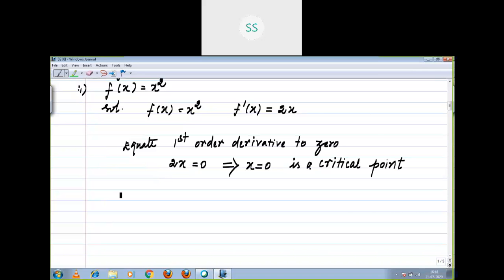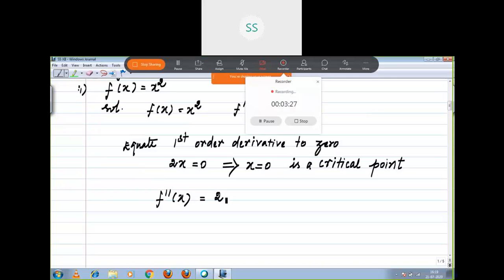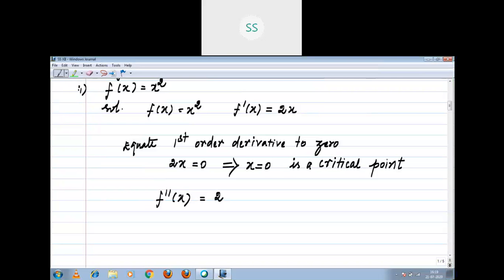The third step, you want to do the differentiation again, right? f double dash of x, what is it? 2, right? First step, you are differentiating the given function. Second step, you are equating with 0, you get x is equal to 0 is the critical point.